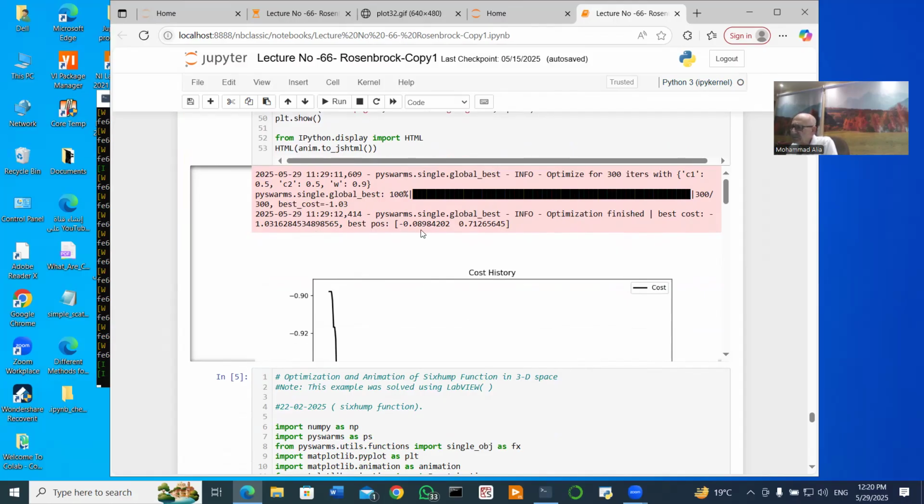And the position, or the X and Y values, are given as you see, -0.089, or you can say -0.1 and plus 0.7. This is minus, this is plus. If you run it another time, maybe you will get this as plus and this as minus. This depends, because we have two global minimum values with inverse signs.